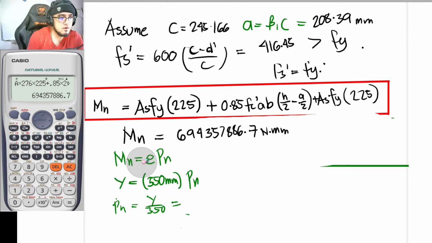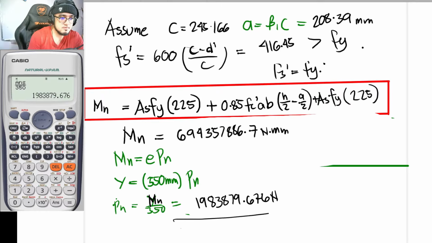Okay, so with that, this will be replaced again. So solving for your P using Mn divided by 350. So answer divided by 350, this is now equal to 1983879.676 newtons.